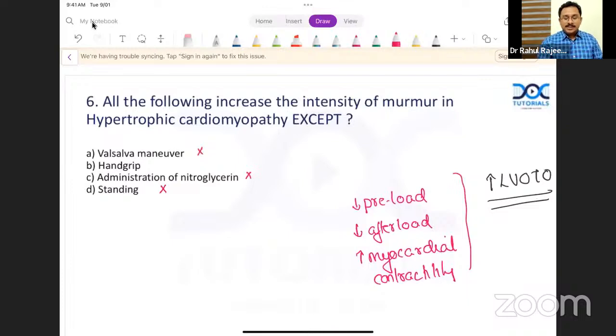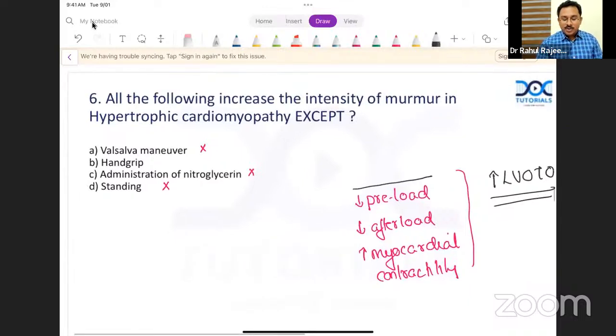All these factors are very well known to decrease the preload, and when it decreases the preload, it will increase the intensity of murmur. Whereas hand grip will actually decrease the intensity of murmur. Hence, for this question, the best answer is option B.